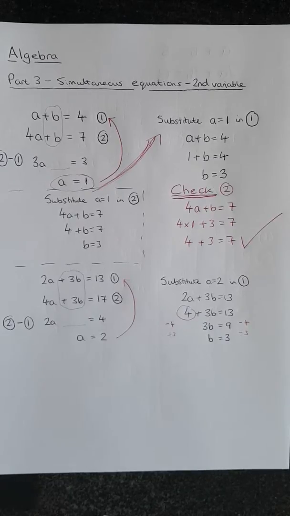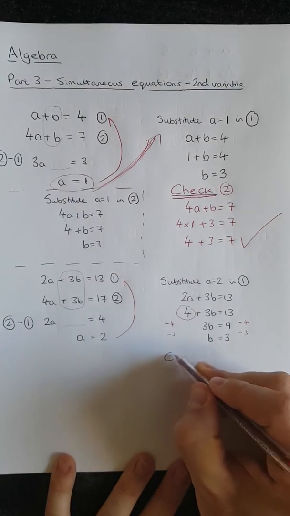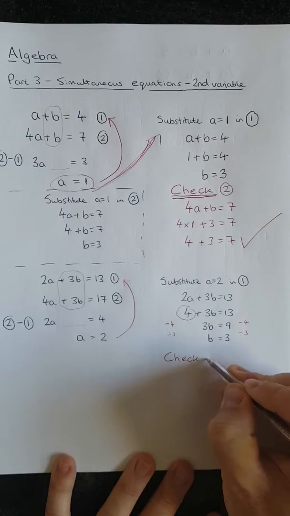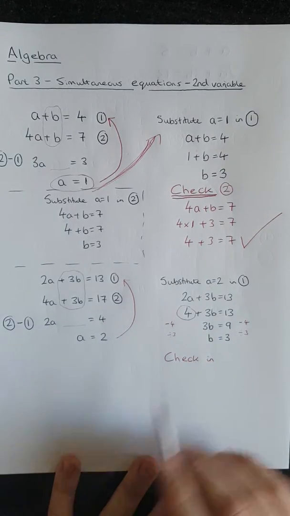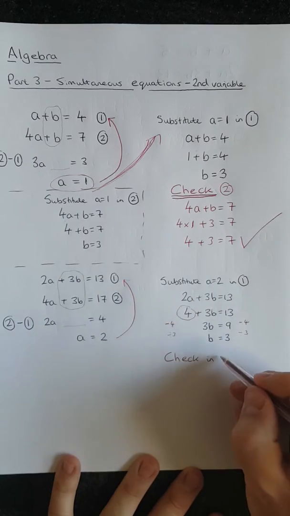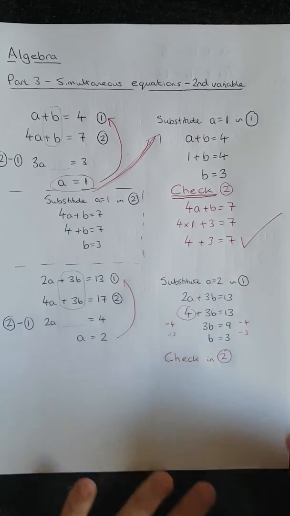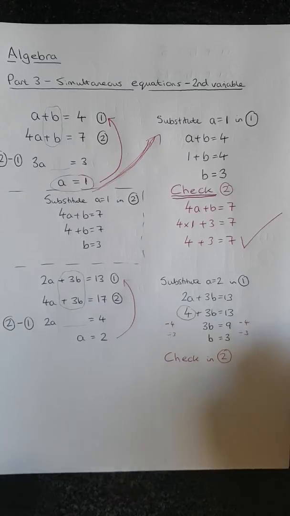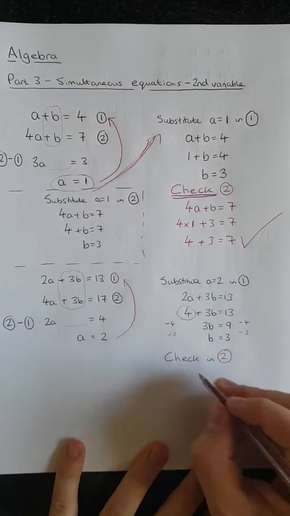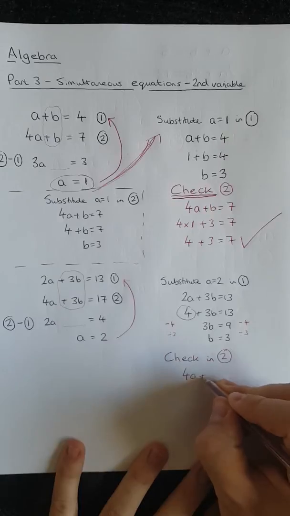Now some people don't check. Lazy, risky. We're going to check the second one here because we want to guarantee our marks. So we substitute it into 1, so we check in the other equation. And you write down you're doing that so that people can see. So here is equation 2.